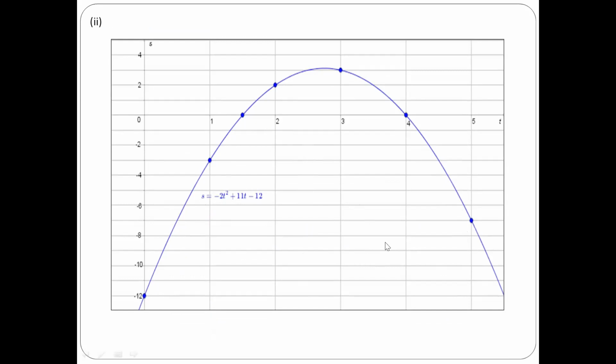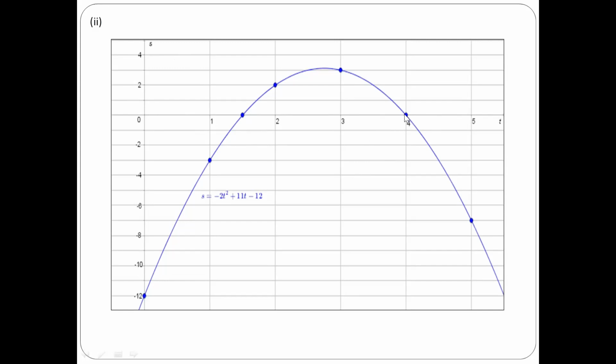The question is asking us to determine the values of t when s is 0. This is the vertical s-axis, while this one is the horizontal t-axis. And s is equal to 0 on the horizontal t-axis. In other words, to determine the values of t when s is 0, we read where the graph meets the t-axis. As you can see from the graph, it cuts the t-axis at that point, which is between 1 and 2, is 1,5.